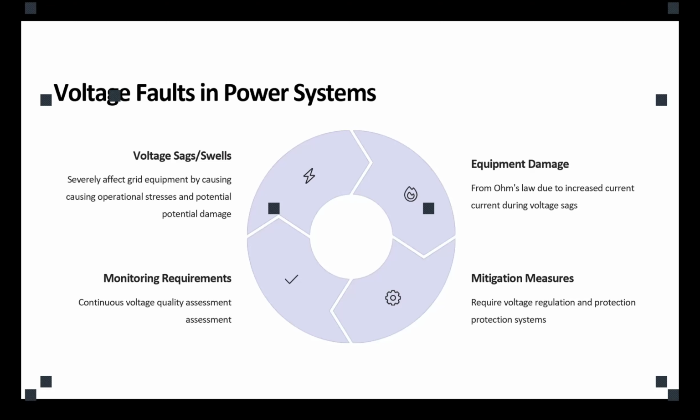One of the most common disturbances in the system, a fast disturbance, is the voltage fault. Voltage faults don't always mean a voltage decrease or voltage sag. Sometimes a fault could increase the voltage. Can anyone tell me an example, or has anyone heard of an example, of when a fault actually makes a swell, an increase in voltage?